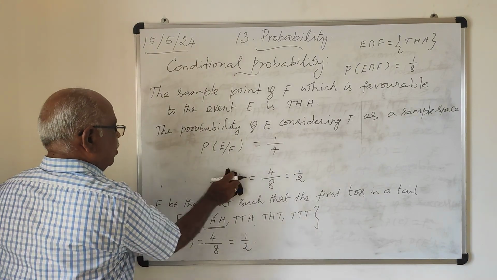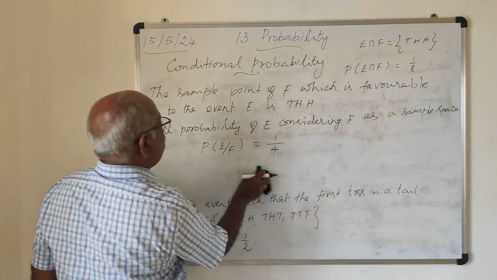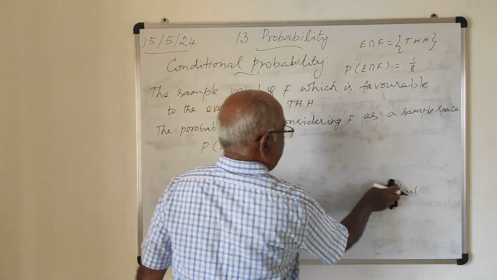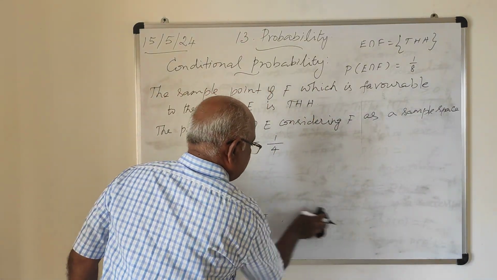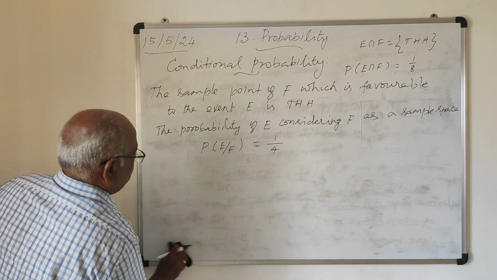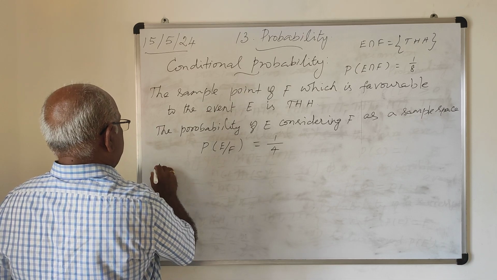So this is again called the probability of E given that F has already occurred.